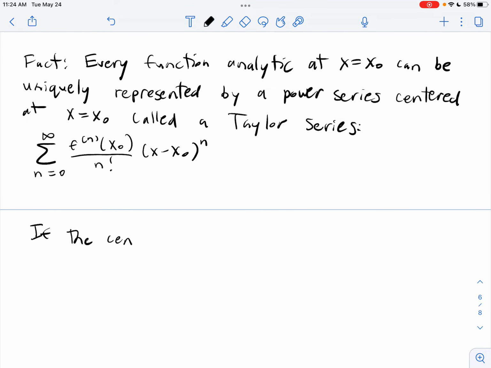If the center is 0, we call it a Maclaurin series.